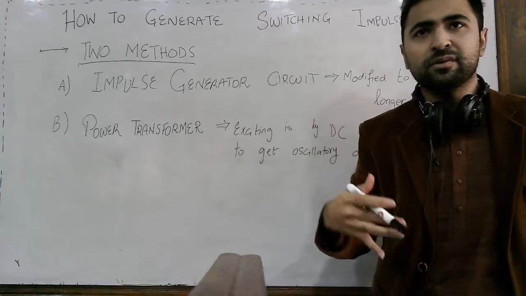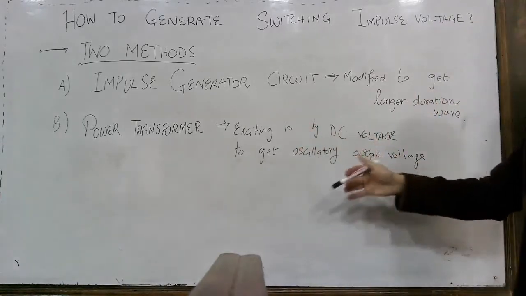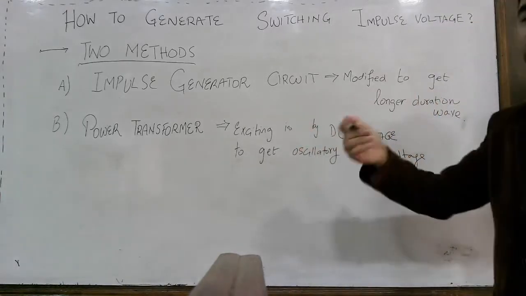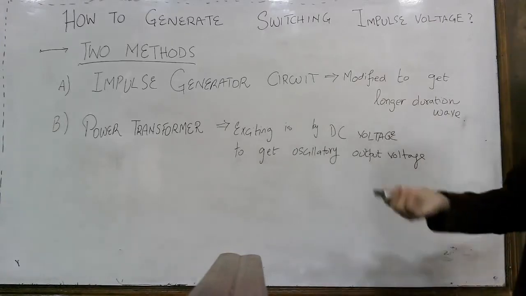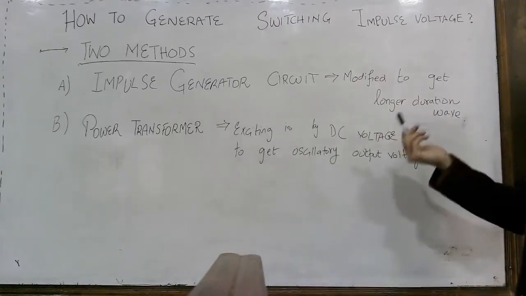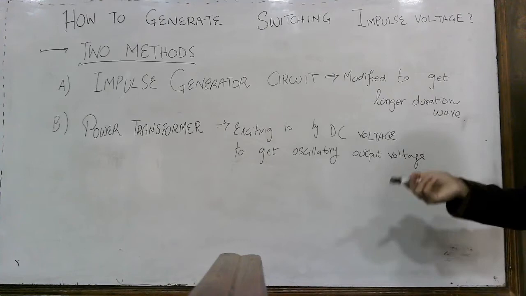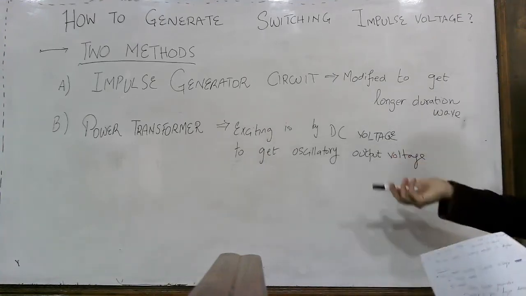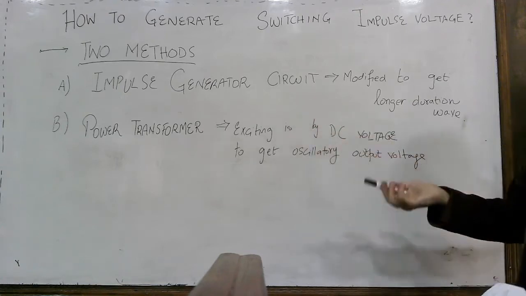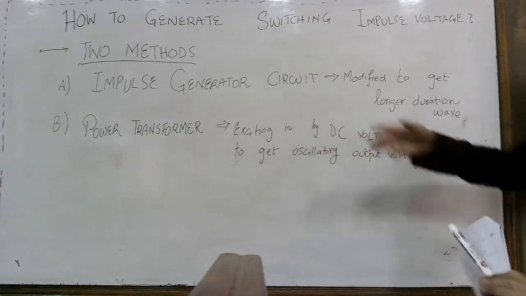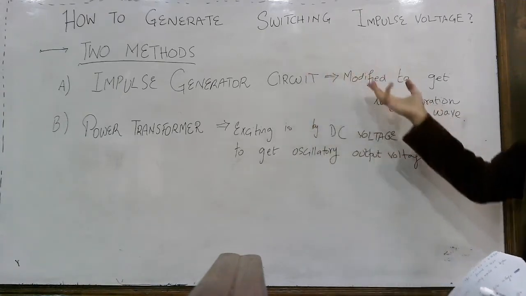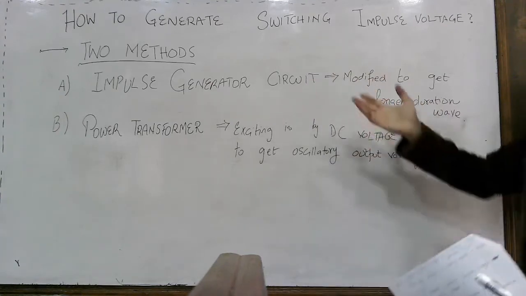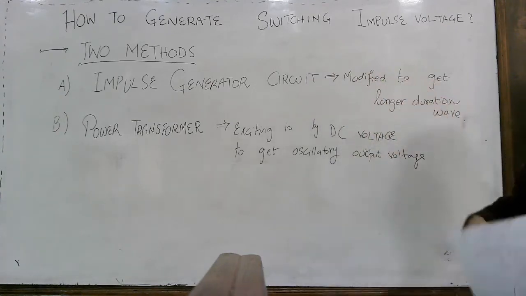The power transformer will then convert that DC excited voltage into the impulse voltage. Power transformers are used in high-end labs and test facilities, while the impulse generator circuit is the common and cheapest way of attaining the switching impulse voltage and to test your small insulations.